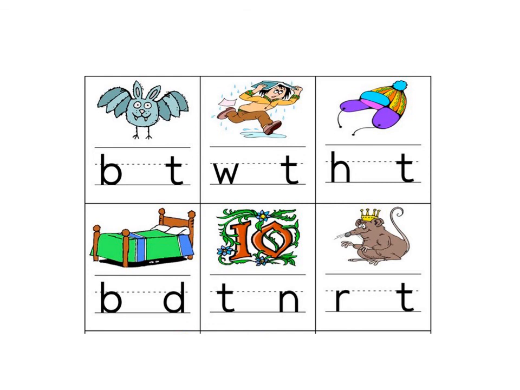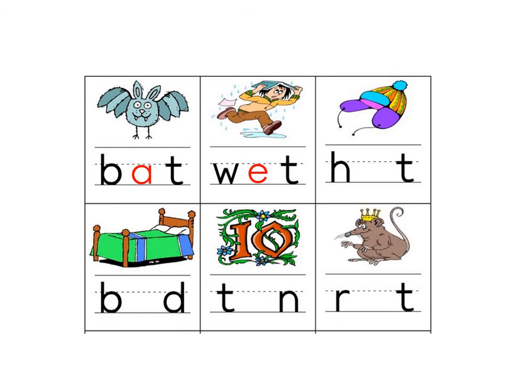Okay, the correct answer is A, bat. Okay, next. As you can see, the person here is wet. So what should be the middle sound? Is it A, E, O? Very good. It's E. It's wet.